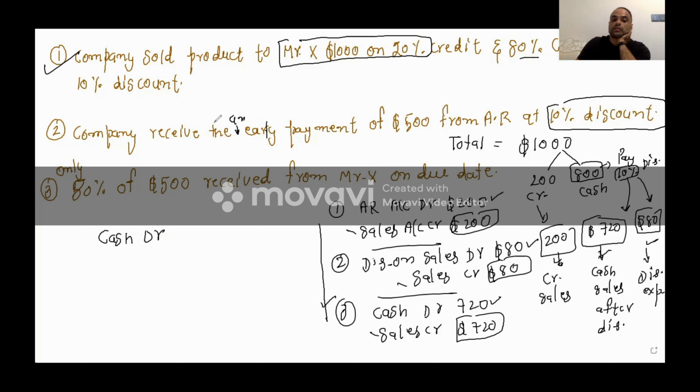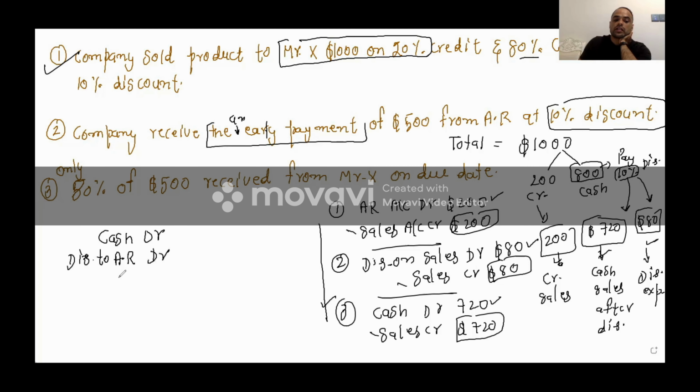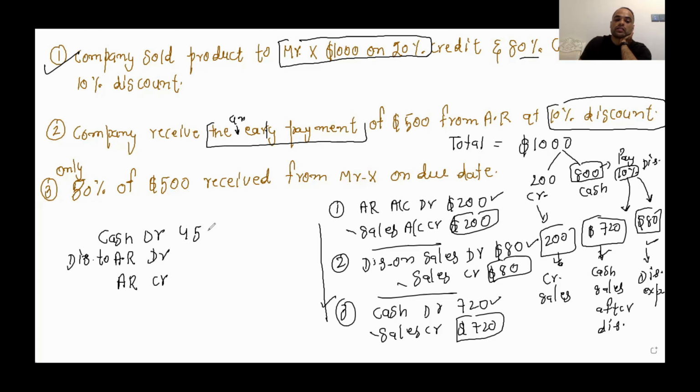So discounts to account receivable, which is debit, and account receivable is credit. So cash we receive 450, discounts 50, and 500.